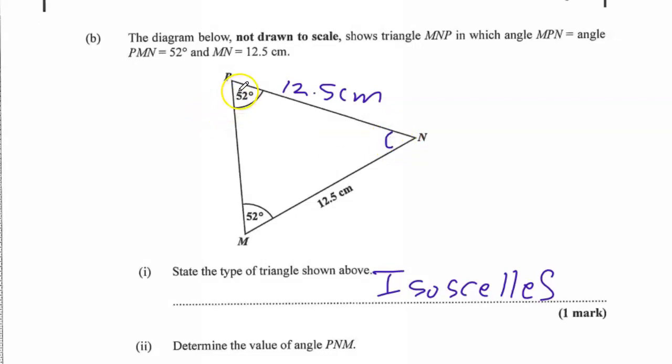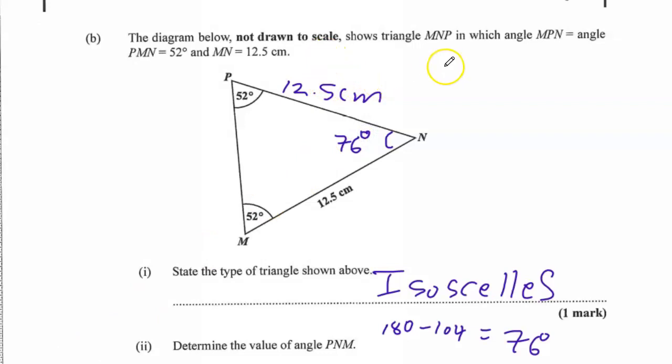These two angles add to 104 together. So the value of angle P and M would be 180 minus 104, which would be 76 degrees. This angle would be 76 degrees.